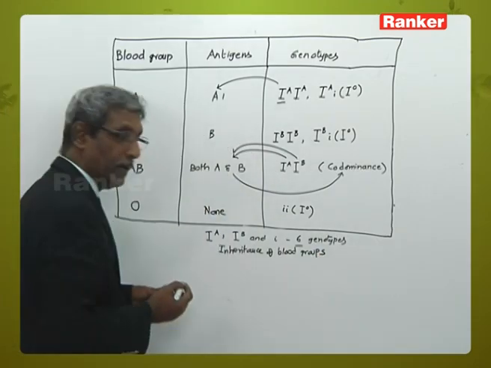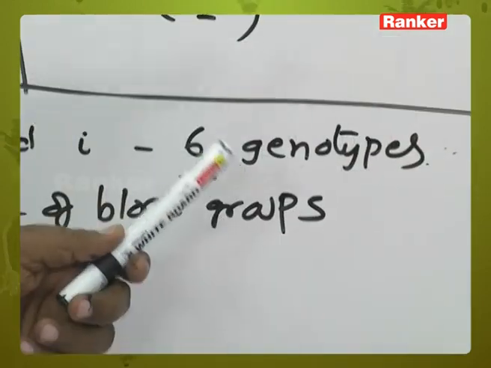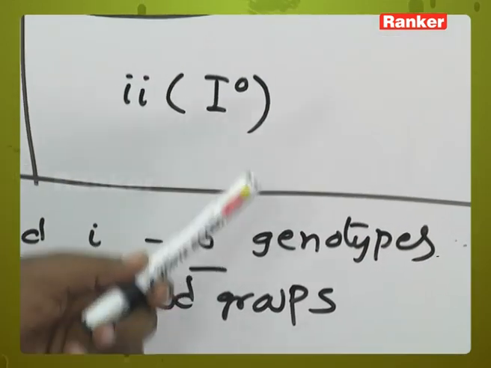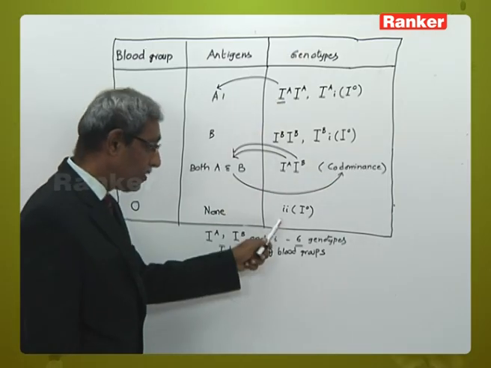So an objective question could primarily be asking whether there are 6 genotypes or 5 genotypes or 4 genotypes, which is codominant, which is dominant and what is not expressed.